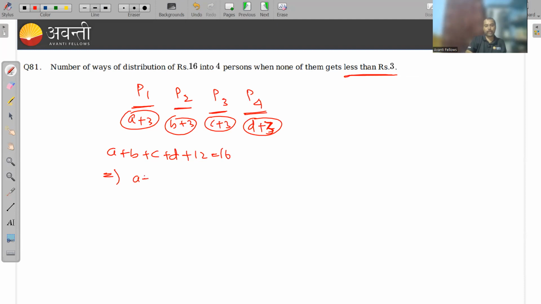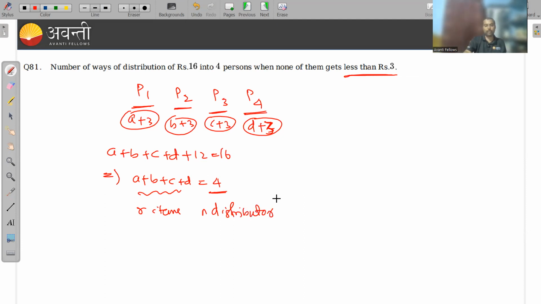So we are getting A plus B plus C plus D is equal to 4. So this is my R items and 4 distributors. ये मेरा क्या है, N distributors.